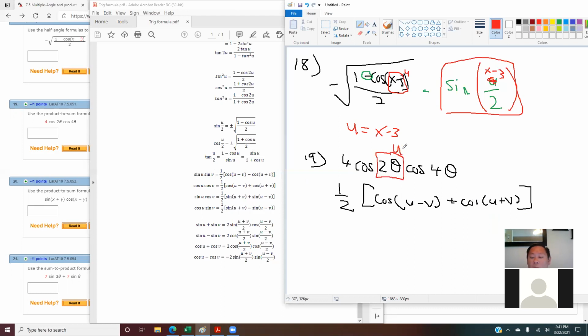The first one is the u, and this one is the v. So you just need to replace your u to become 2 theta and your v to become 4 theta. This one you subtract, and this one you add. So can you tell me what happens when you subtract these two, what you get?